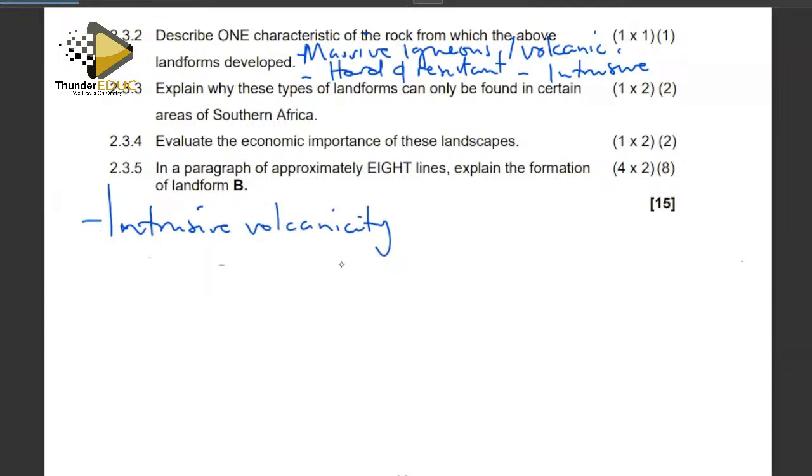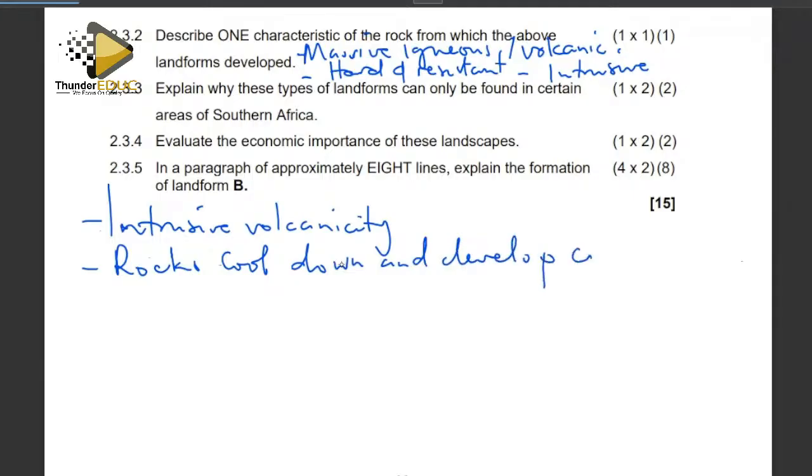And what happens after there's volcanicity, intrusive volcanicity, the rocks cool and develop cracks. As the rocks cool inside, they develop cracks.